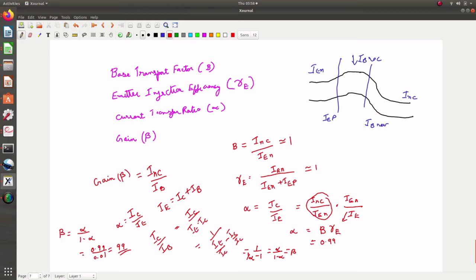In order to make the gain of the amplifier high, we need a lower IB, the recombination current. The base current should be smaller, which means IEP plus IB recombination is smaller, then the gain beta will be high.